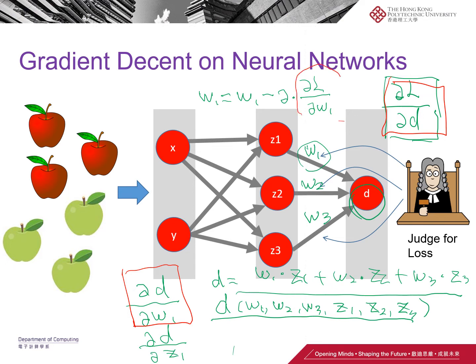To calculate this part, we can actually use the chain rule; here you have to recall what you have learned in calculus. The chain rule is saying we can calculate this weight by using D as a bridge, because D is a function of W1.